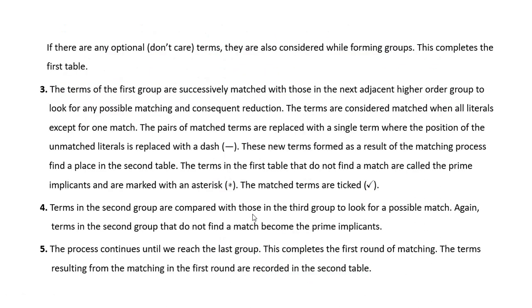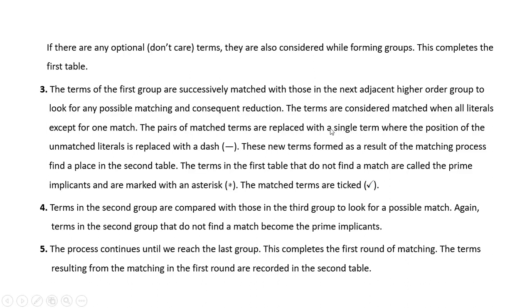Now, if there are don't care terms, then these are considered while forming groups only, at the stage where you are forming groups, not after you have got all the prime implicants. The terms of the first group are successively matched with those in the next adjacent higher order group to look for any possible matching and consequent reduction.